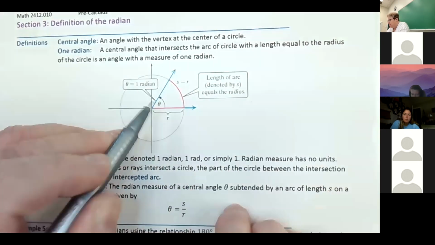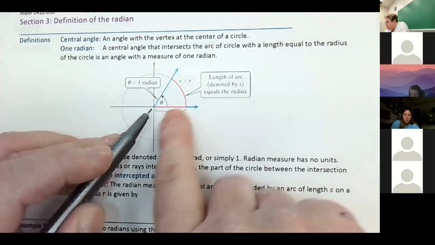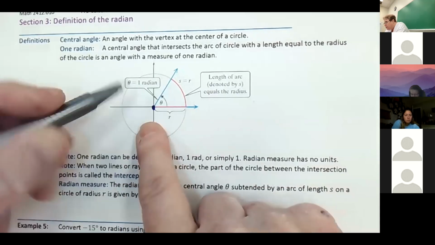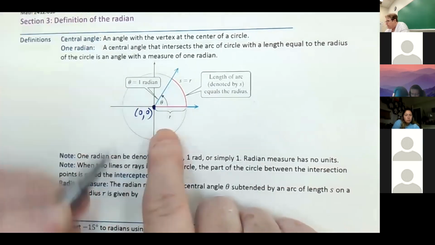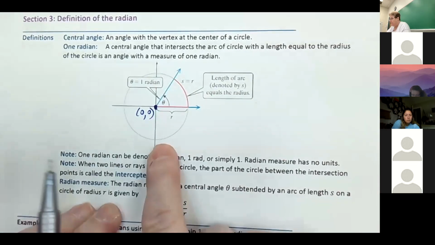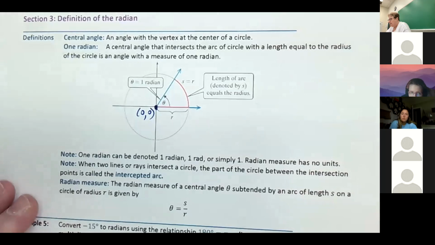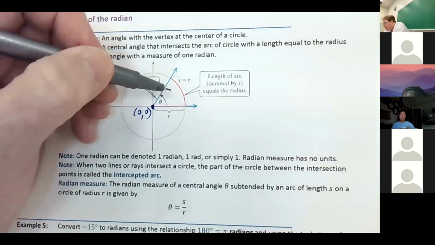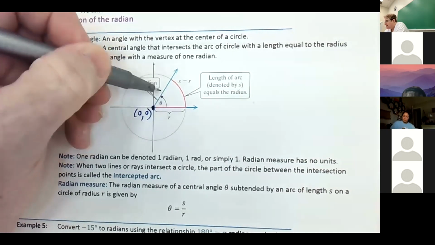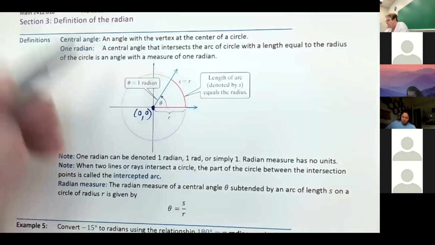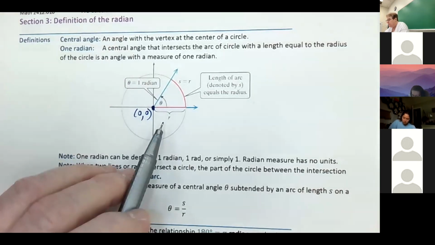The terminal side will be the other side of the angle. The vertex is going to be the origin. And we've got a circle. The circle has radius r. And this angle is now called a central angle because it's inside of a circle.